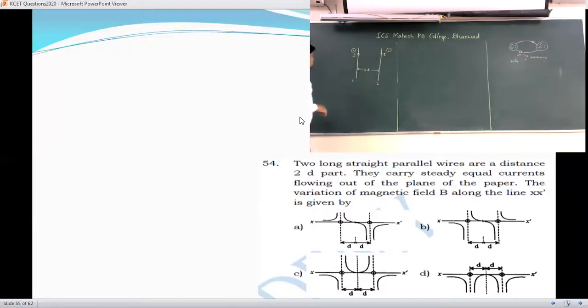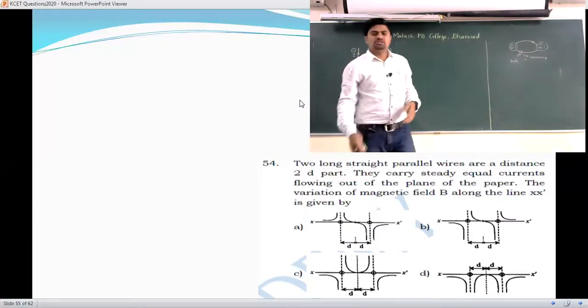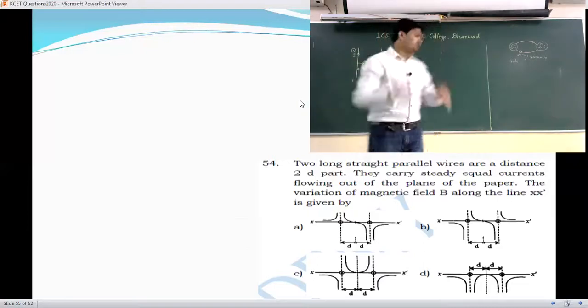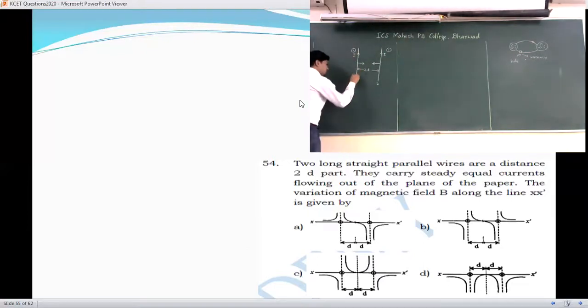Now, as the current is flowing in the same direction, both the conductors will attract each other. The force is acting inward. Due to the flow of current, the magnetic field is produced by this conductor. The magnetic field produced is B1, so B1 is equal to mu naught into I divided by 4 pi R. This is the formula.